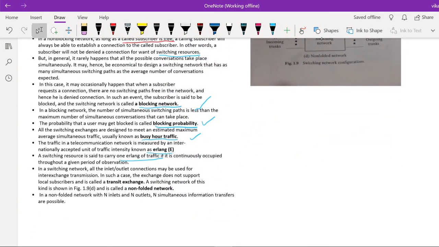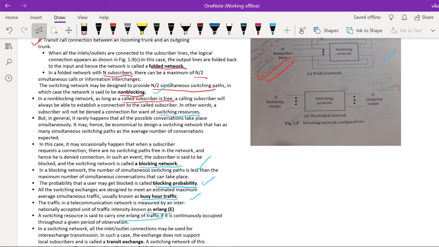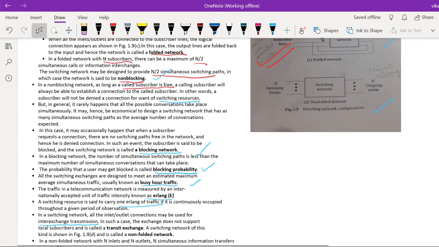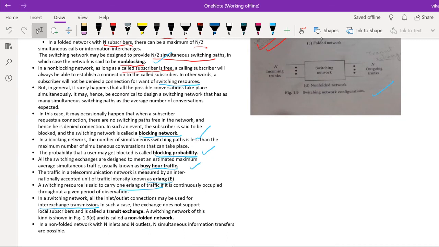Moving ahead, we can now discuss a transit exchange or a non-folded network. In a switching network, if all the inlets and the outlets are used for inter-exchange transmission, there are no local subscribers connected here. This type of network is called a transit exchange or transit switching system and is called a non-folded network.